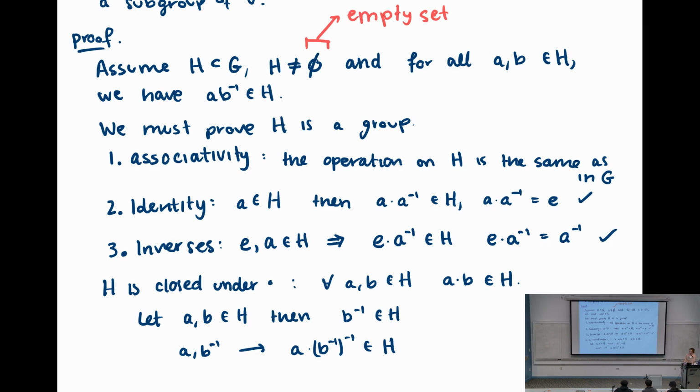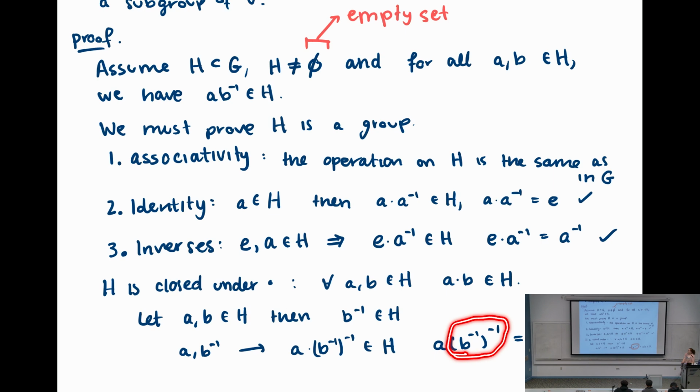Well, maybe not of course, I'll explain this for a moment. B inverse inverse will just be B, so this will be AB. Why is B inverse inverse equal to B?